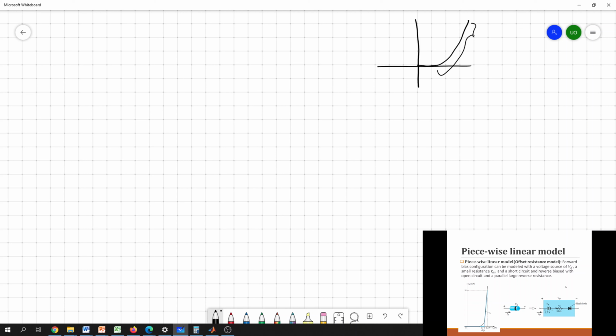We could capture this curvature because we know that it closely matches the exponential curve. But the whole idea of modeling is to make it very simple. So rather than modeling this as exponential, we can model this as a linear trend. So it's something like that.